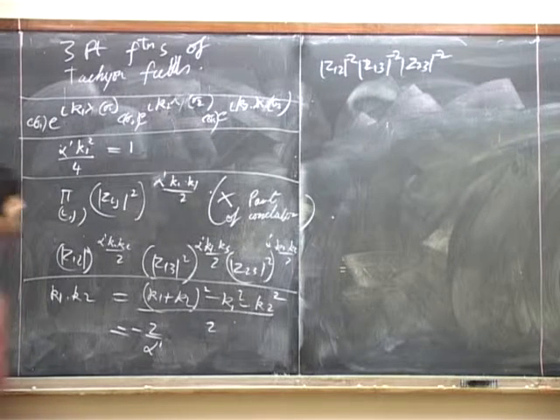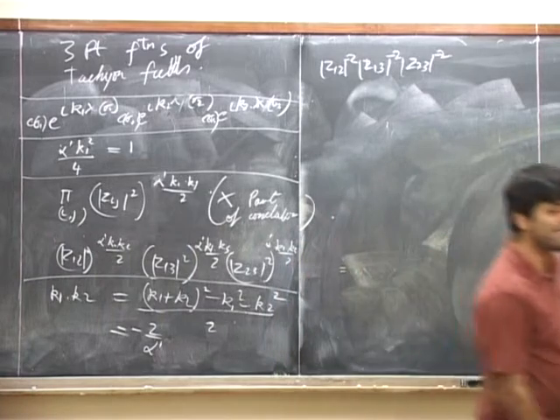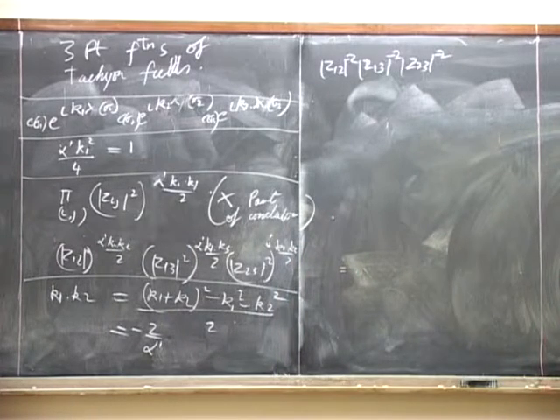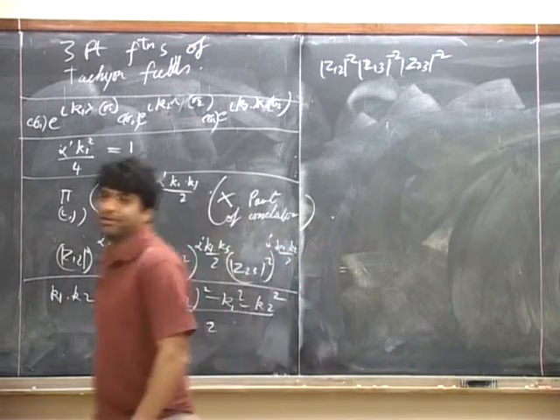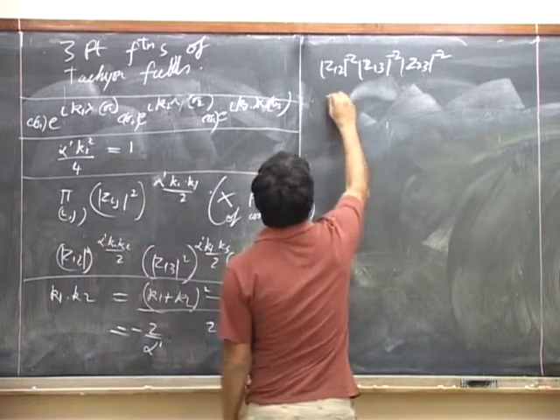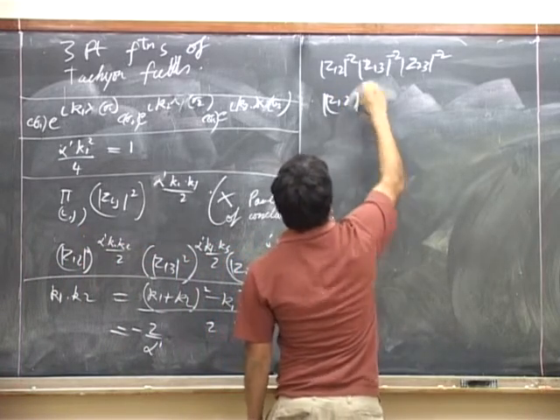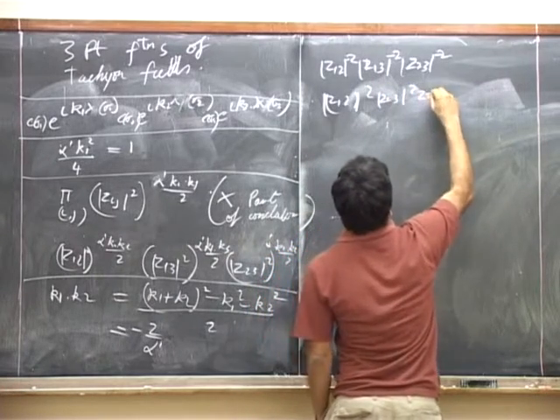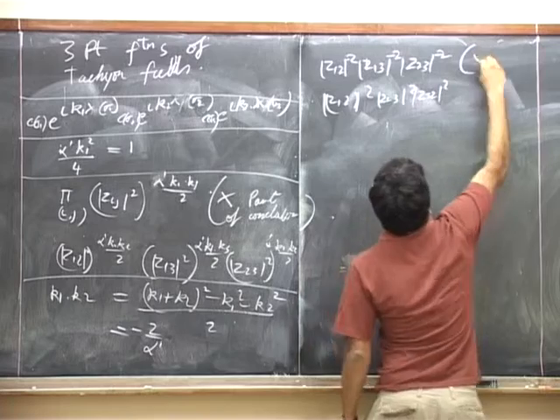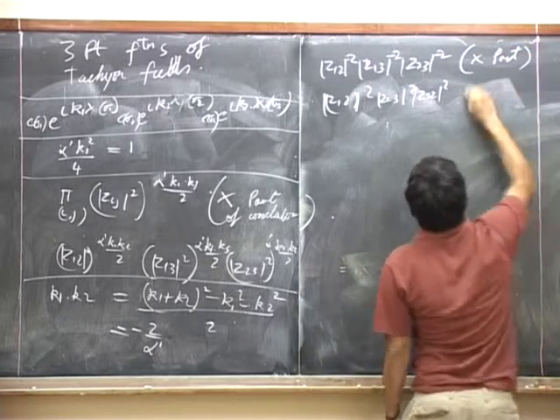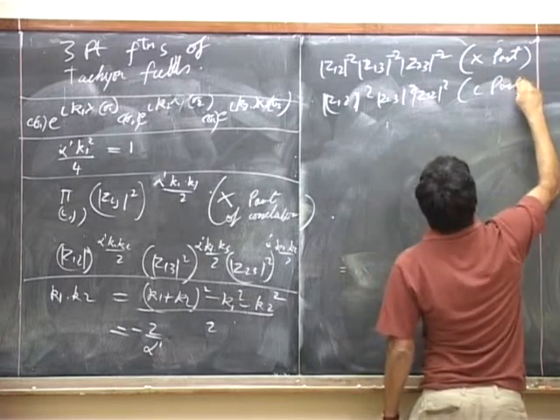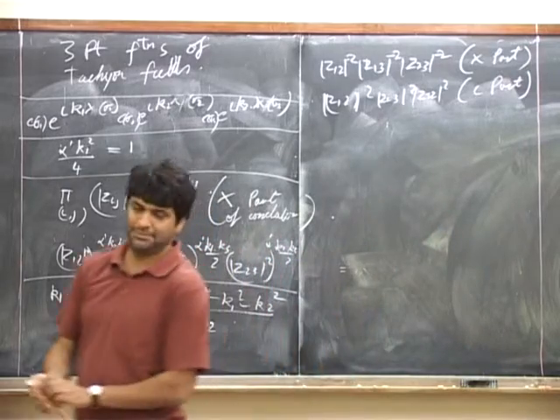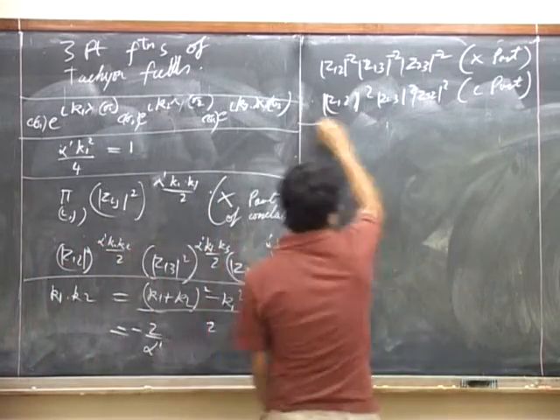Now let's multiply this by the contribution of the c's. The c contribution was simply mod z12 squared, mod z13 squared, mod z23 squared. X part, c part. And so here it cancels. That result is 1.